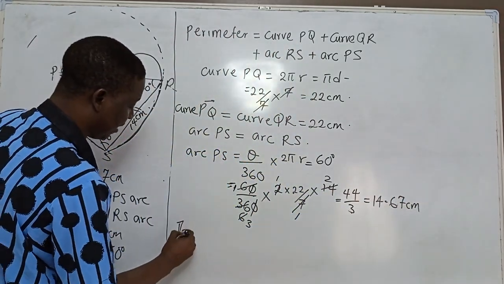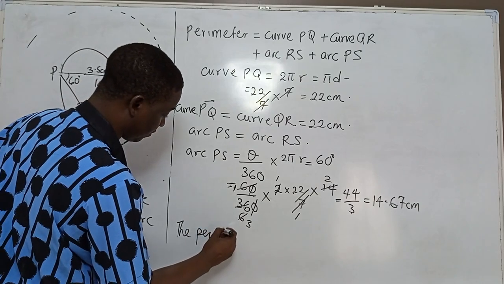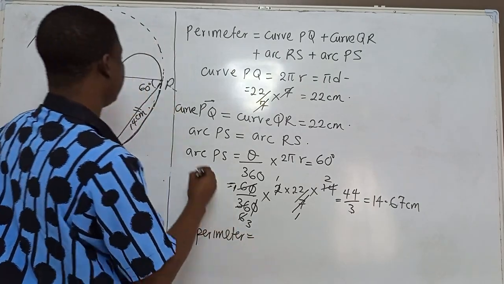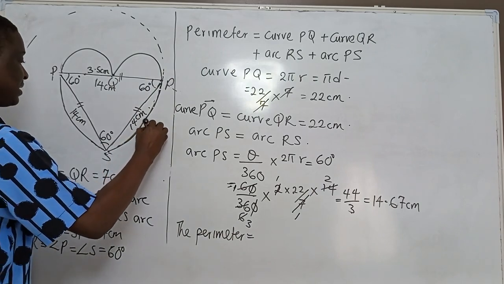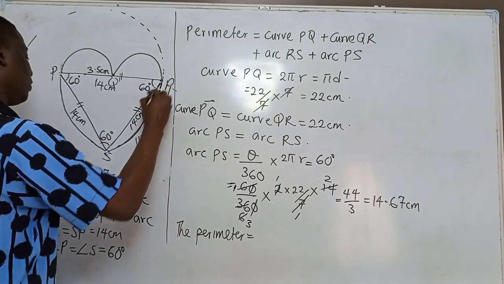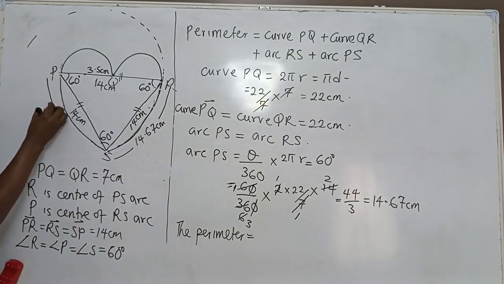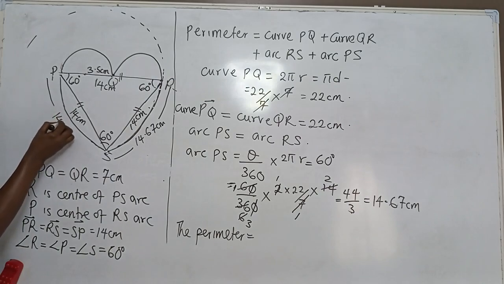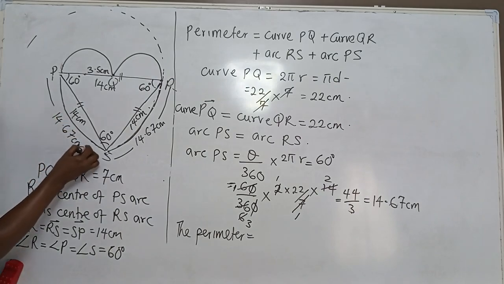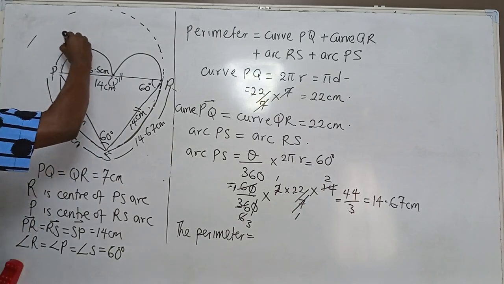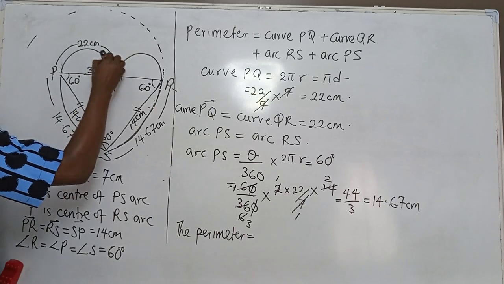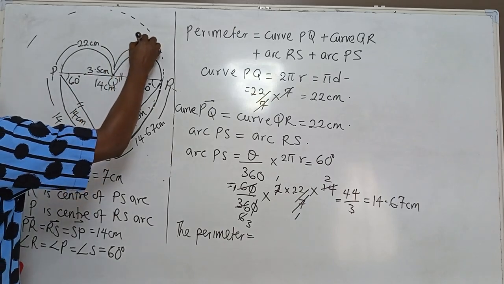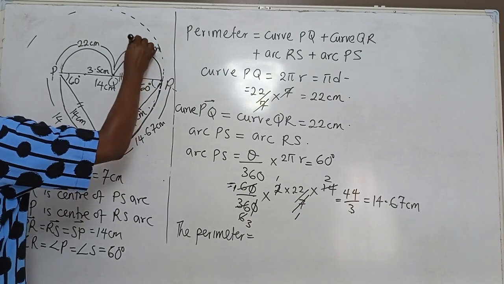So the perimeter of this shape we have gotten here to be what? 14.67 from here to this place. Here from P to X is 14.67 centimeters. From this point to this place is 22 centimeters. Then from here to this place also 22 centimeters.